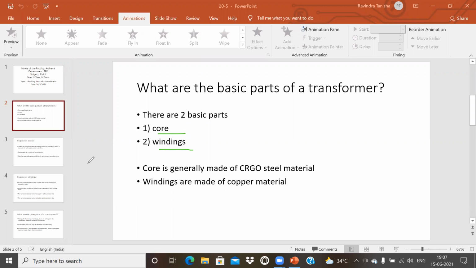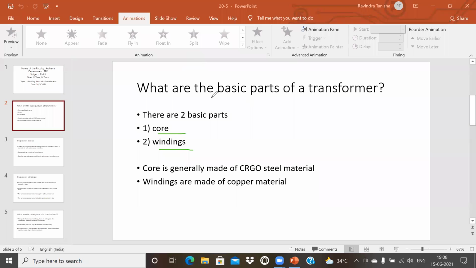For example, if there is no core part, you cannot have the availability of common flux, the mutual flux.